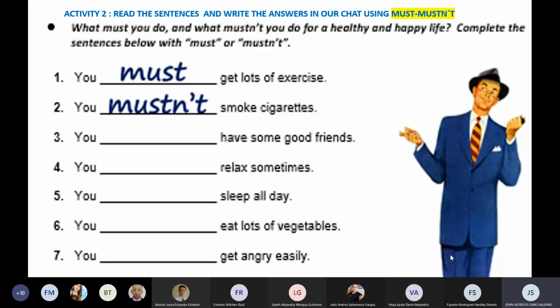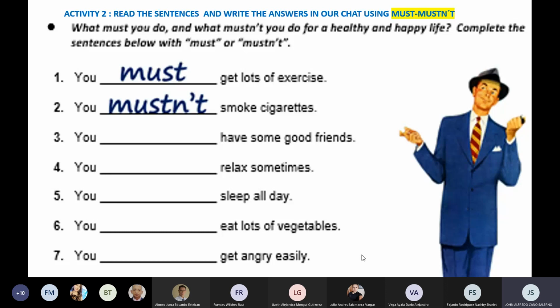Eat lots of vegetables. Very easy. You must eat lots of vegetables. Yes, repeat after me. Vegetables. Vegetables. Yes, very good.